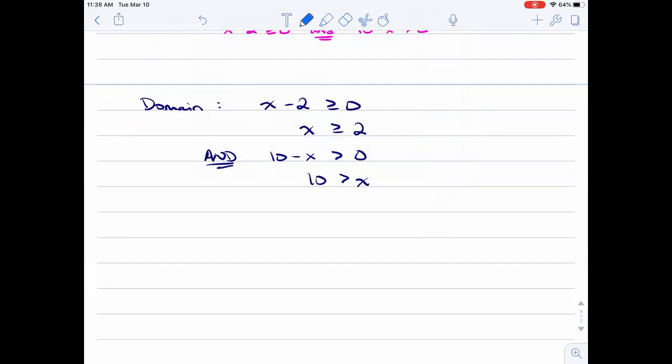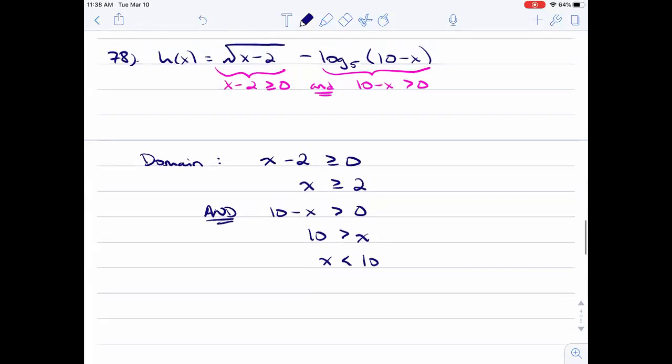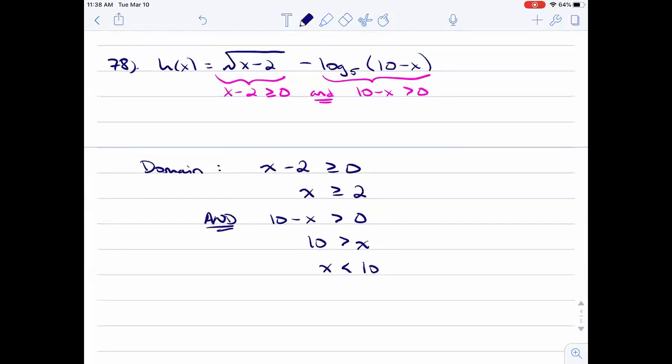Never mind. X has to be less than 10. 10 minus 11 makes a negative. That's bad. 10 minus 9 makes a positive. That's good. So it makes sense, right? You kind of want to check in and make sure that what you're saying works, right? Just do little quick test points.